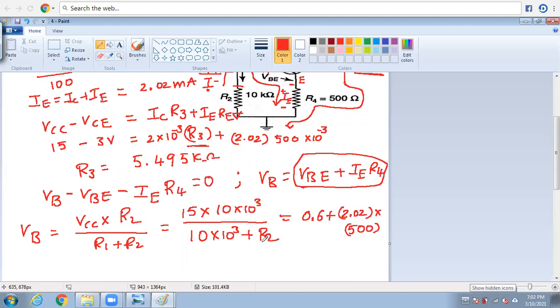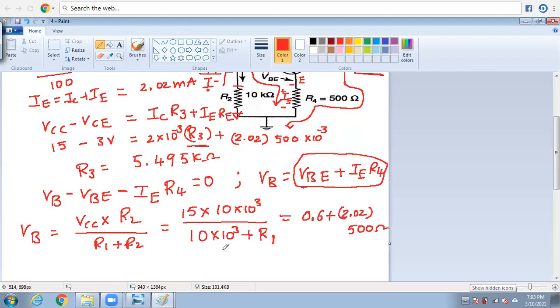Okay, this is R2, I think this is R2 or R1. Okay, this is R1, we have to find out the R1 value. Here I have written R1. Actually R2 means some 10 kilo ohms, so here I write R1.